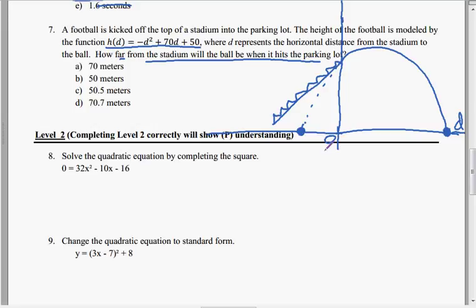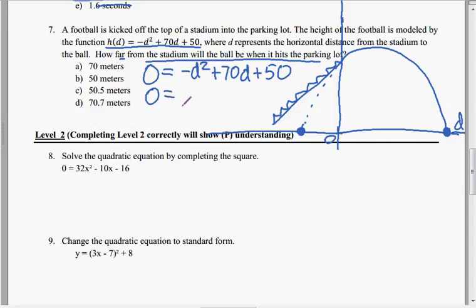First of all, I say h of d equals 0 because the height is 0. So negative d squared plus 70d plus 50 equals 0. I am going to multiply by negative 1 because I don't want a negative here.